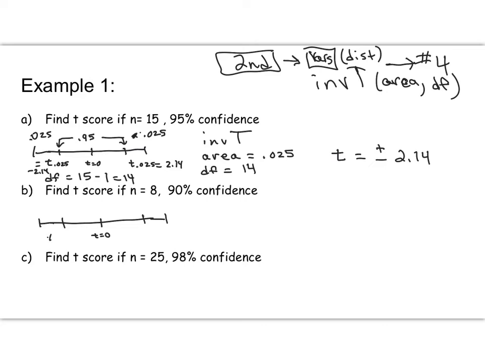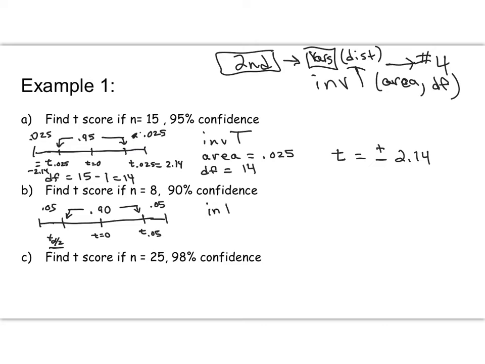So t alpha over 2. I'm looking for the values that bound the middle 90%. That leaves 10% on each end. If I divide that in half, I get 0.05. I could have made this over here 0.05 and probably should have.